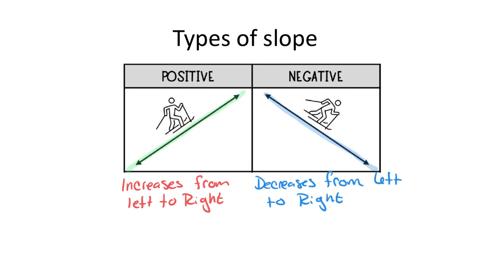Negative slopes are going to have a little negative sign. Positive slopes, you don't have to put a plus sign, so positive slopes will have no sign in front of them, and then negative, obviously, just like we do with integers, negative slopes will be shown with a negative sign in front of them.